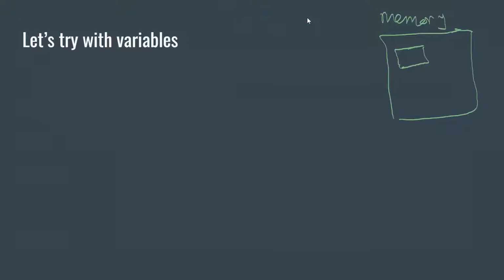For example, in our problem, we can take a location in memory, name it base, and give it the value 5. Similar thing for height and for area. I'll give height the value 4, and area will be the result of a calculation. So a variable is just some place in memory where I can give it a name and store a value inside it. So let's see how to create a variable in Python.